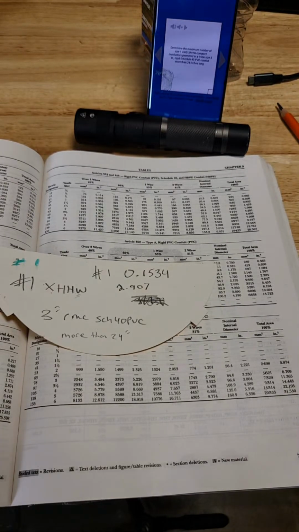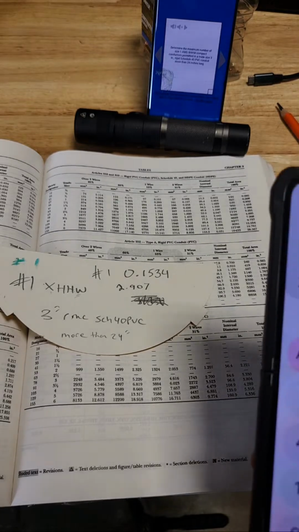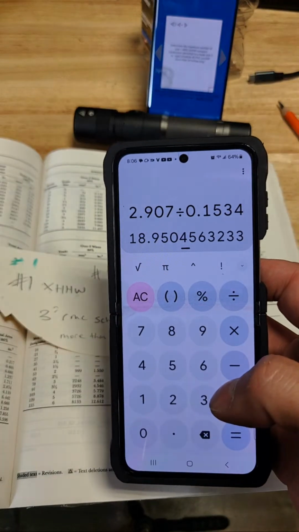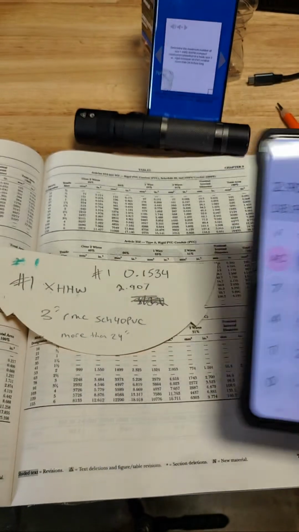Let's see here. It's 2.907 divided by 0.1534. Looks like we can fit 18.